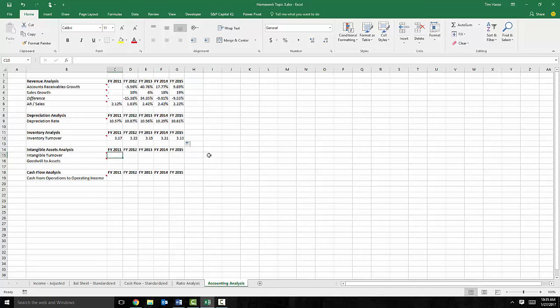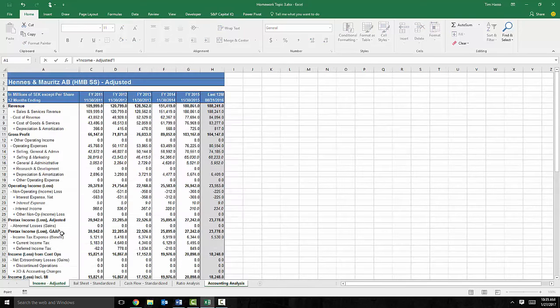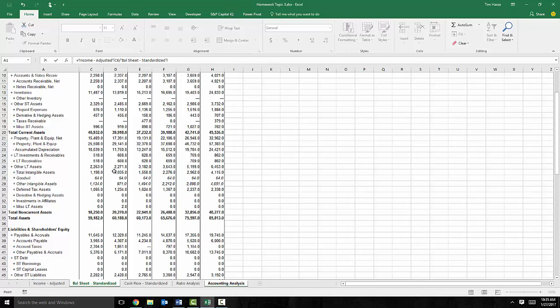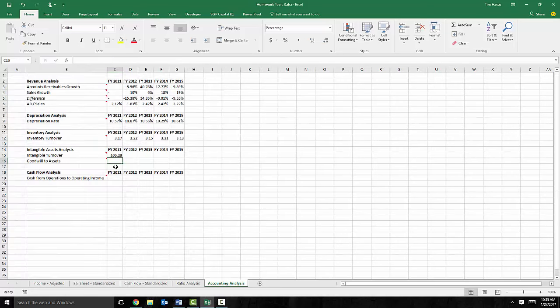So in 2011, I press equal, go to income, get revenue in C6, and we're going to be dividing it by intangible assets in 2011, which we can find in column D. Let's see, total intangible assets, row 27 here. Press enter and we can see that we make about 106 kroner for each kroner in intangible assets that we hold.